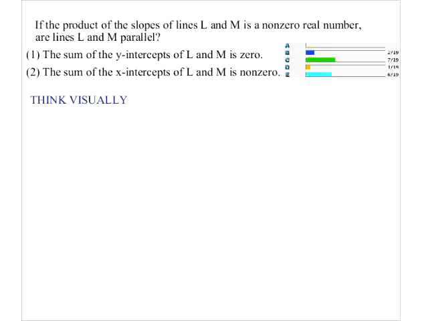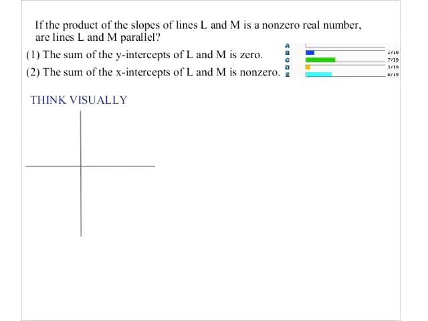Remember what we said about coordinate geometry the last couple of weeks? There are visual and algebraic approaches. Let's think visually. What does statement 1 mean visually? Yeah, that's pretty good. They're equidistant.